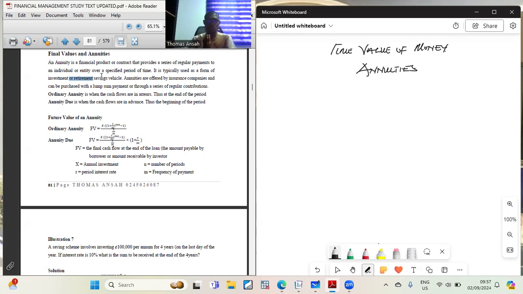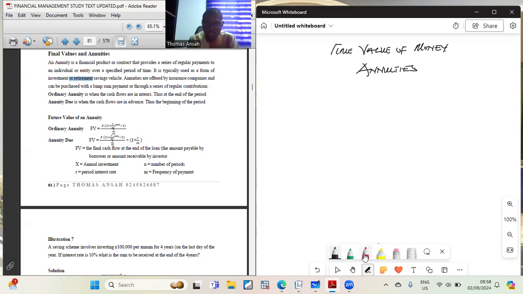So get it clear, not the annuity factor. In fact, the annuity factor we apply is for a point where the cash flows are the same, and therefore you can use the annuity factor. So when you hear of annuity, what should come into your mind is the equal flow of money. It doesn't change. If it changes, then we are not talking of annuity. So take note of that.